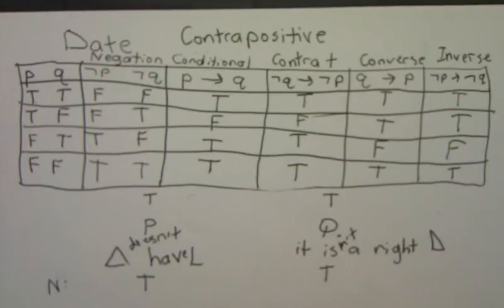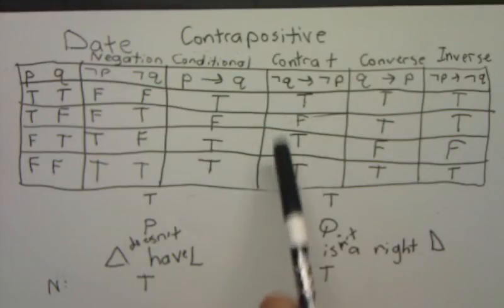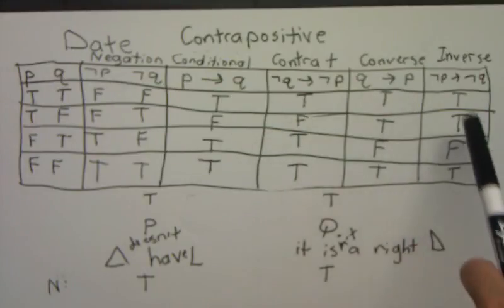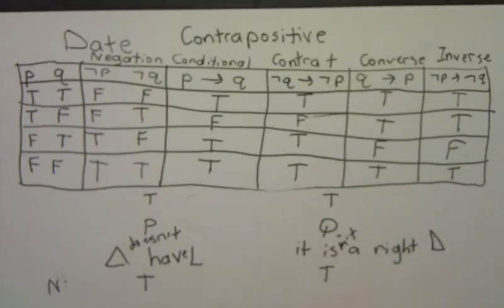All right. So looking at the chart one more time, we notice that the conditional and the contrapositive charts are exactly the same. And we notice that the converse and the inverse charts are exactly the same. This reveals that a conditional and its contrapositive are equivalent statements. And it reveals that the converse and the inverse are equivalent statements.